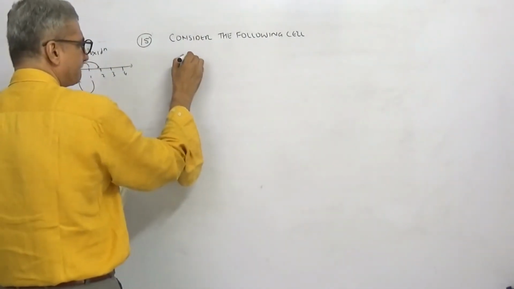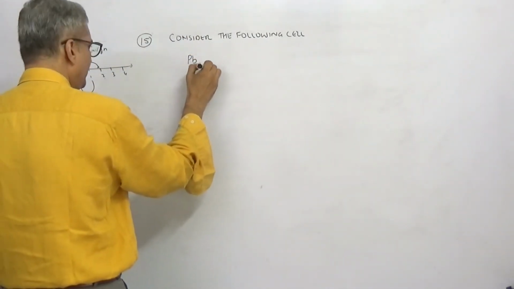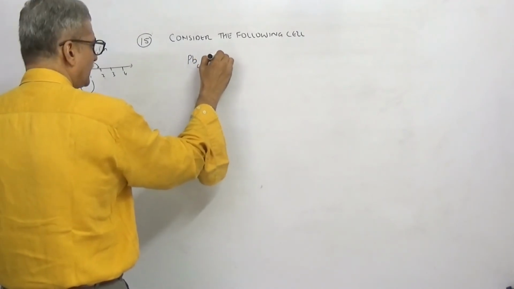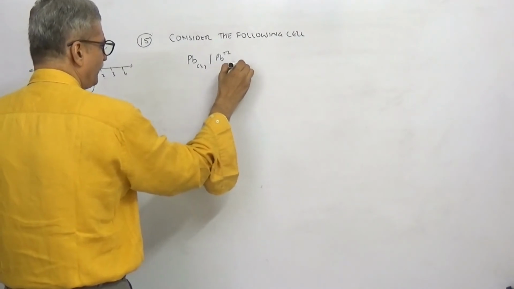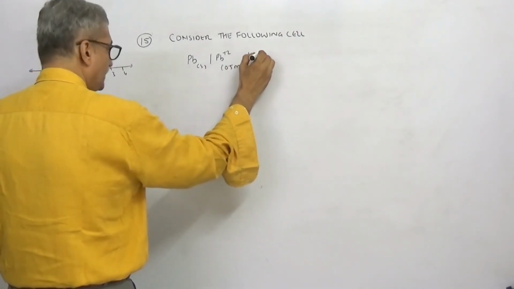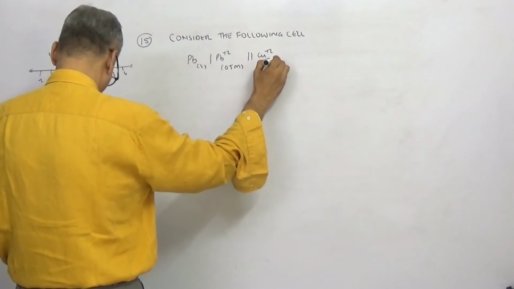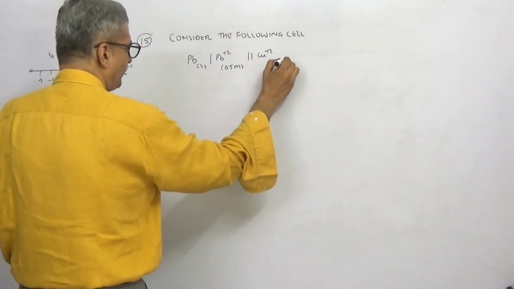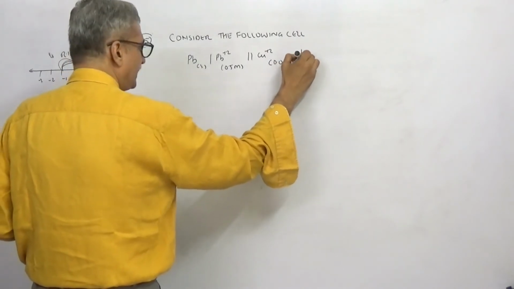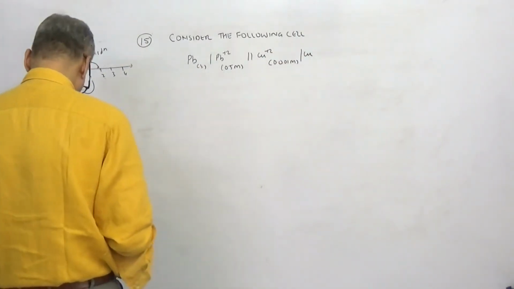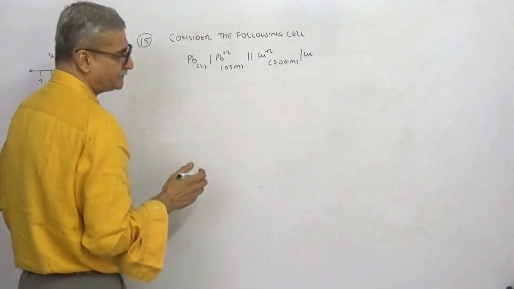We have Pb solid, Pb plus 2, 0.5 molar, copper plus 2, 0.001 molar, and then copper. Okay, write the cell reaction.